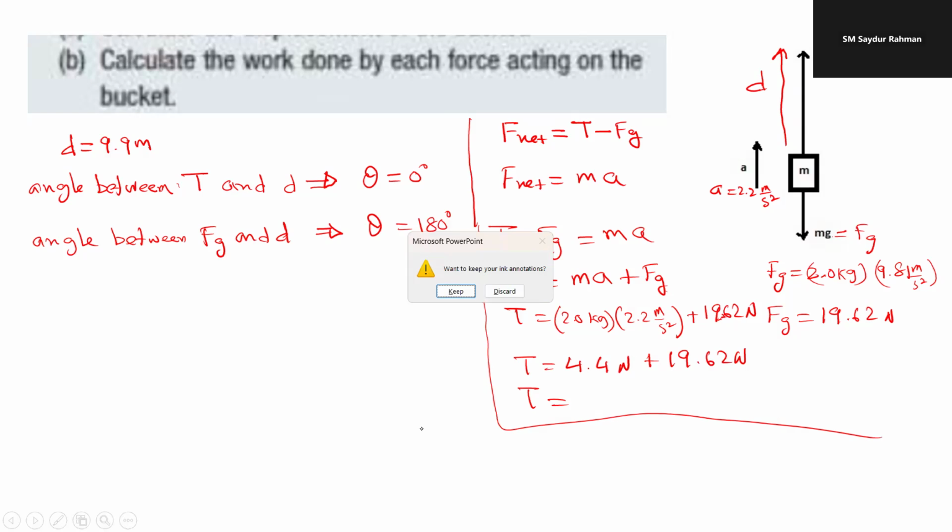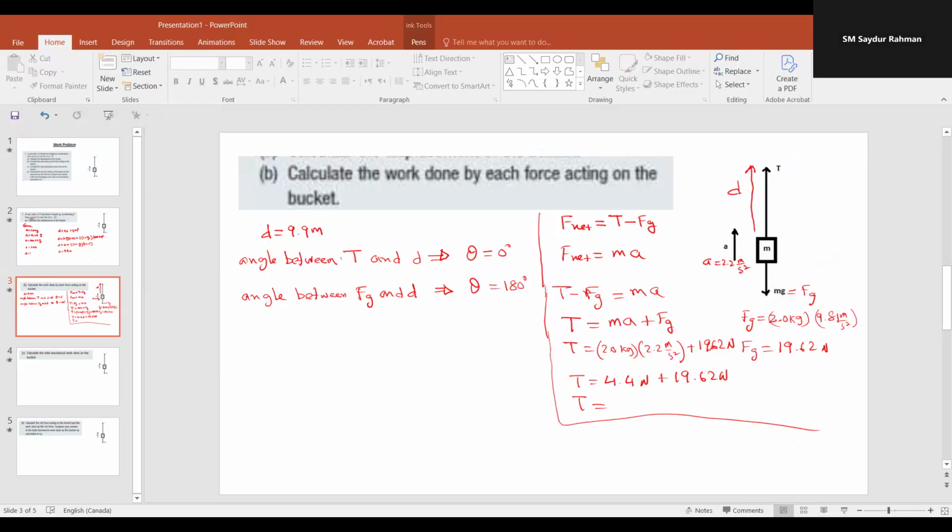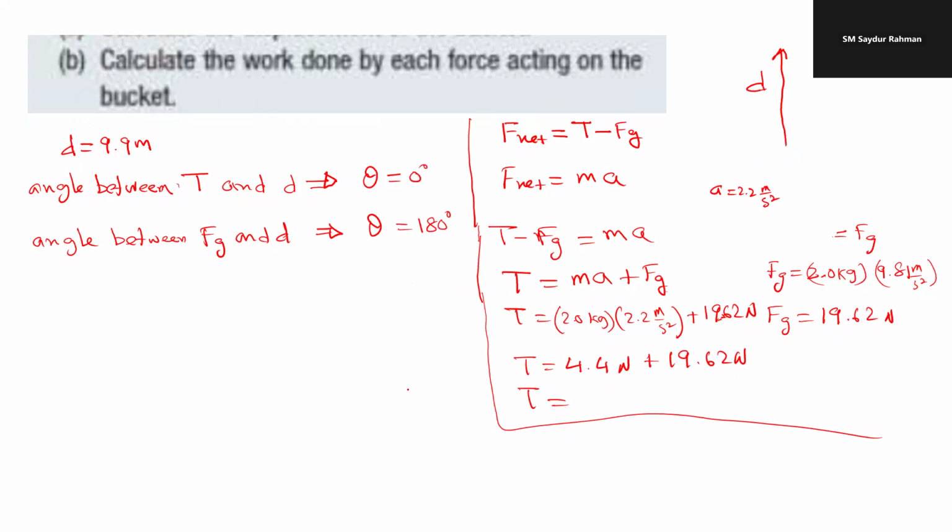Let me use my calculator: 4.4 plus 19.62 is equal to 24.02. So 24.02 Newton. This is the force of tension.